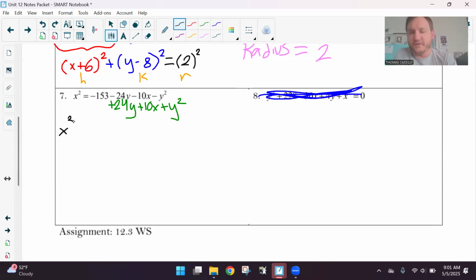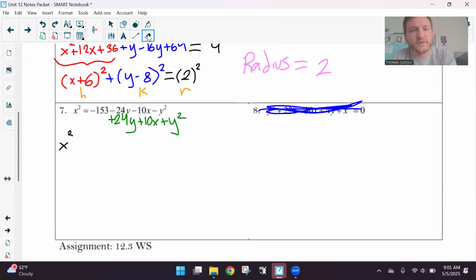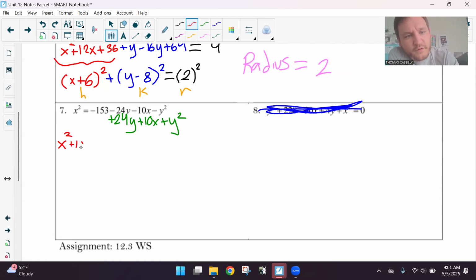All right, so I want all my x's lumped together, kind of like up here, we had the x's and then we had the y's. So I'm just gonna do that same thing here, and I'll try to keep everything color coded for you. So we have x squared plus 10x. And then I'm going to put that blank spot in because we have to put a number in there eventually. And then same thing with the y values.